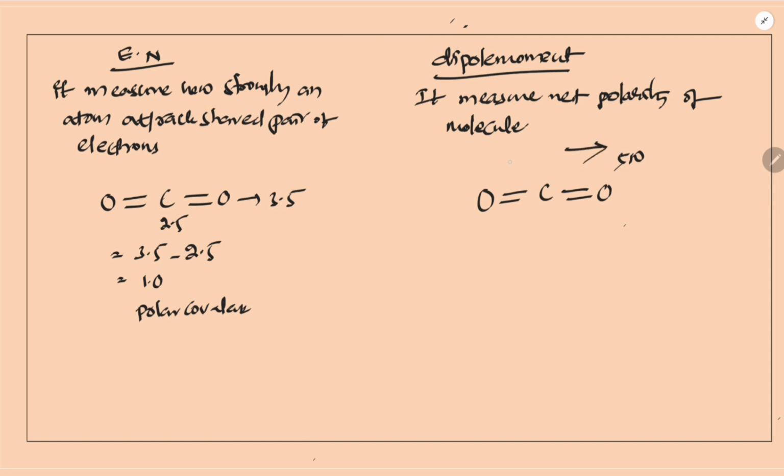The other oxygen also exerts an opposite force of 5 Newton. The net polarity is equal to 0, which means it is a non-polar molecule. Now this is the difference between electronegativity and dipole moment. Thank you.